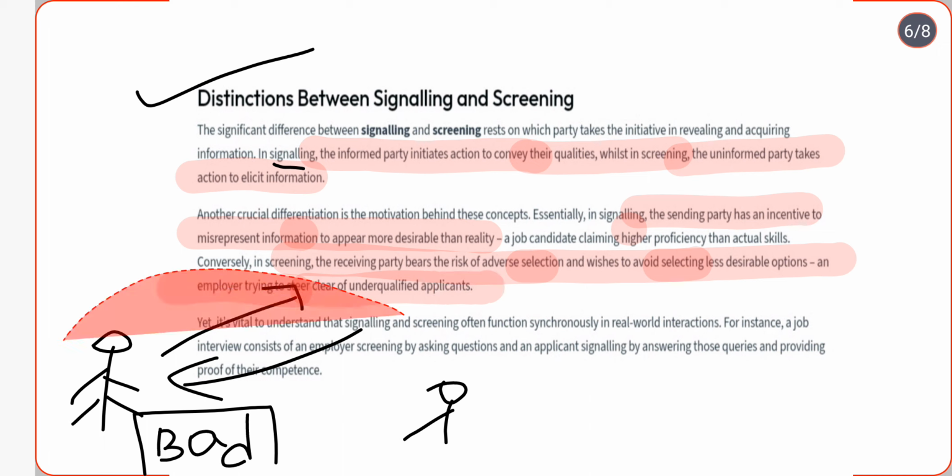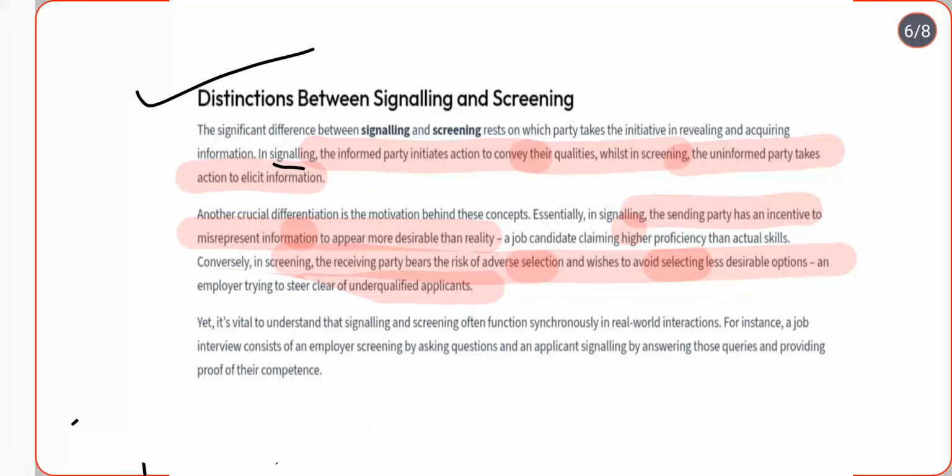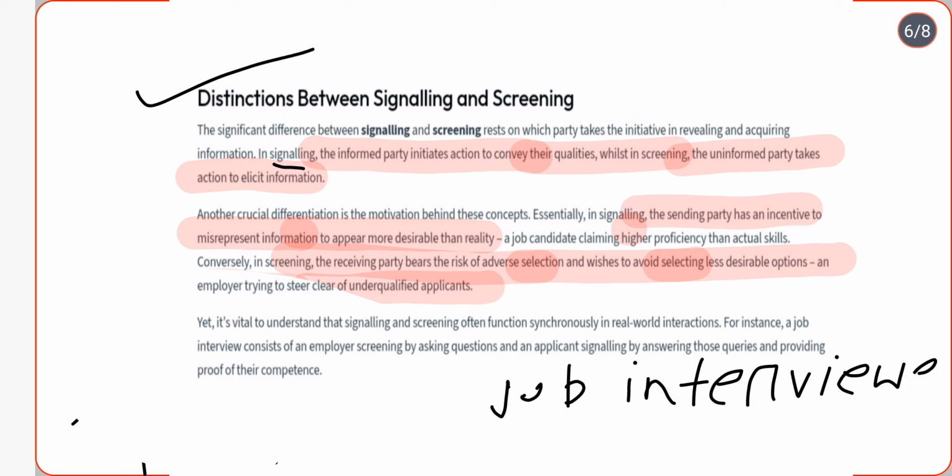So basically, in the screening process, the job interviewer is at risk, because if the job interviewer selects a person who is not deserving, a bad quality employee, a bad quality product, or a bad quality candidate, then that is a risk of adverse selection, right?